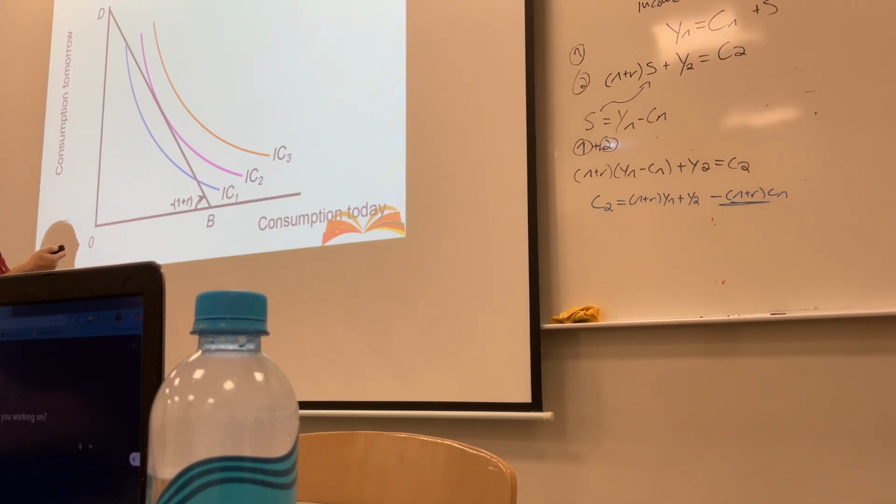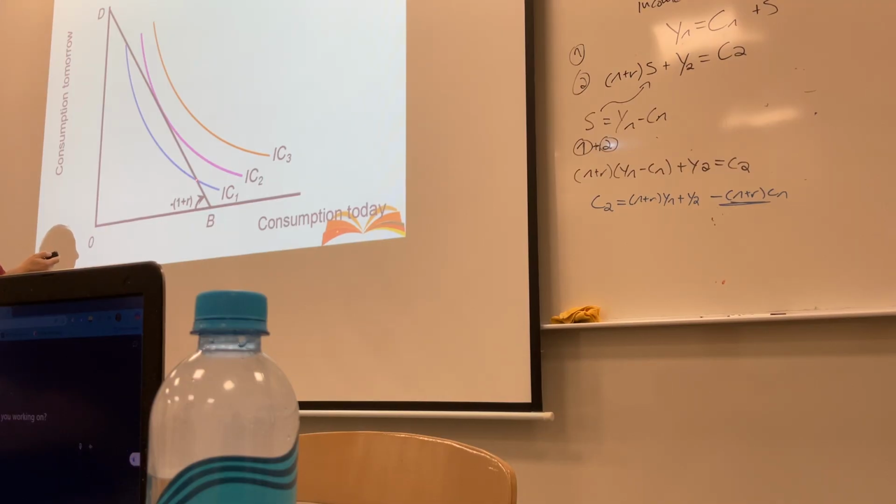With the income that we have, we can afford to be on this budget line, and we could choose a point down here. Now, the reason we know that we want to move up this budget line, to decrease our consumption today compared to this point, is that on this indifference curve, if I reduce my consumption today and increase my consumption up to here, I would be equally well off. I'd be indifferent between this point and this point.